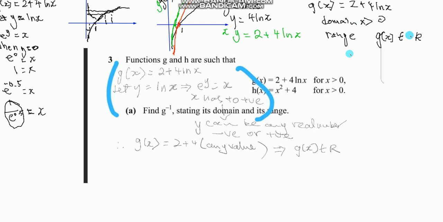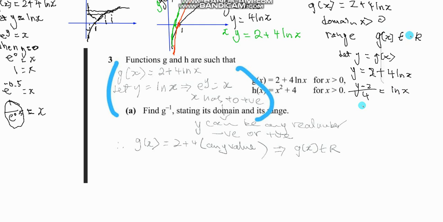Okay, now just to prove it, we start out with: let y equal g(x). Therefore, I got y equal to 2 plus 4 log x. So (y minus 2) over 4 equal to log x.